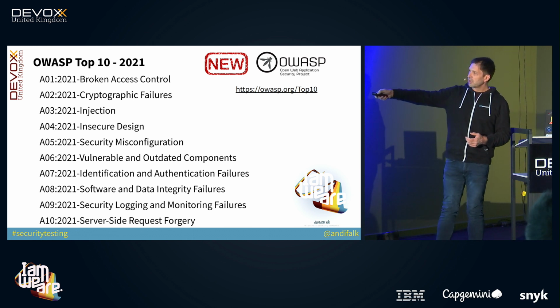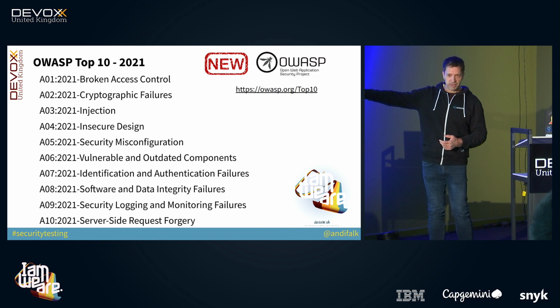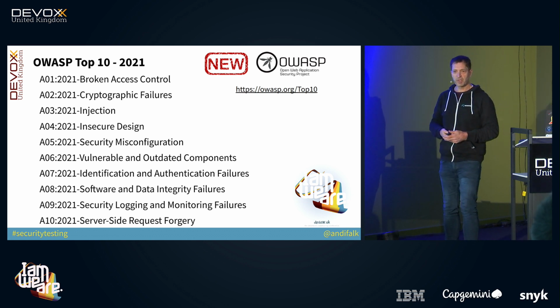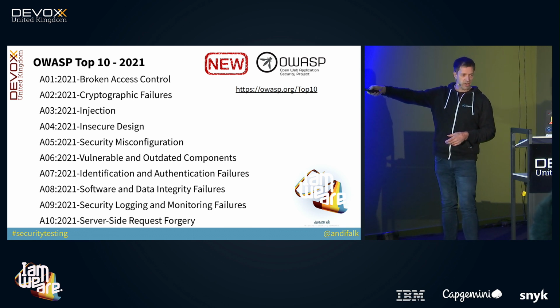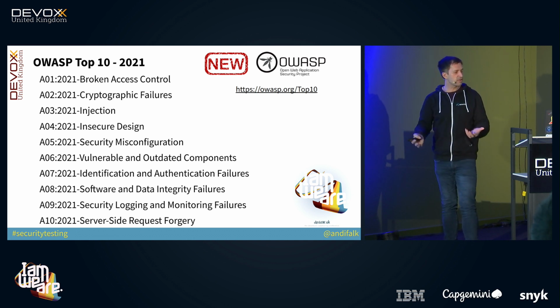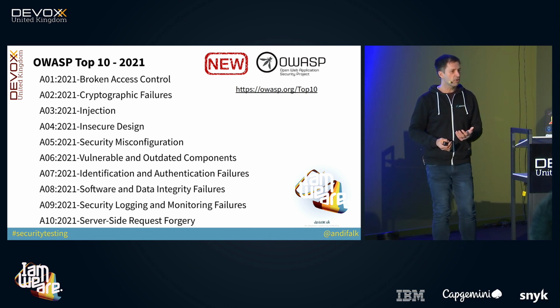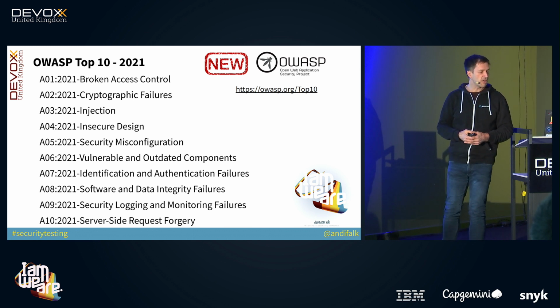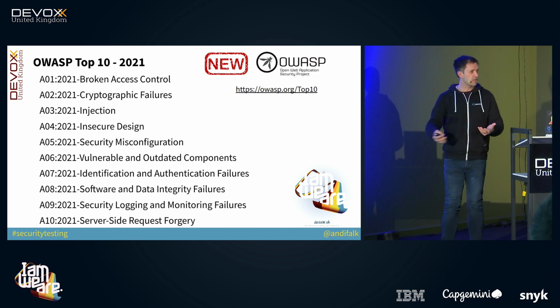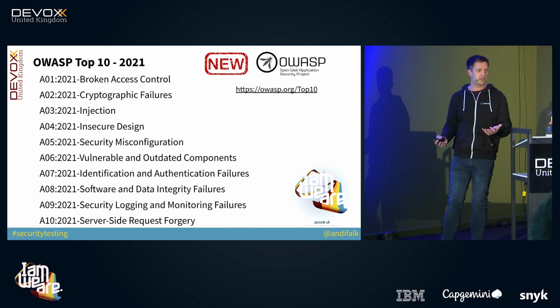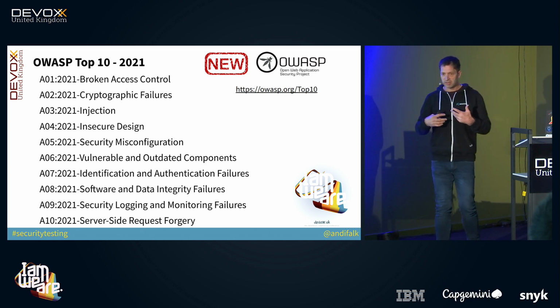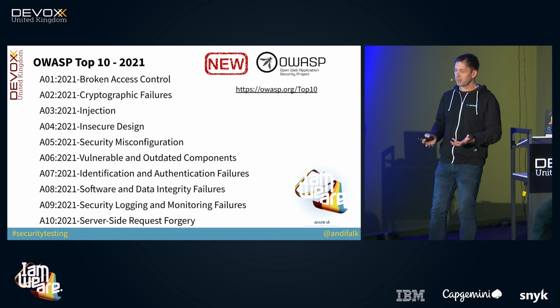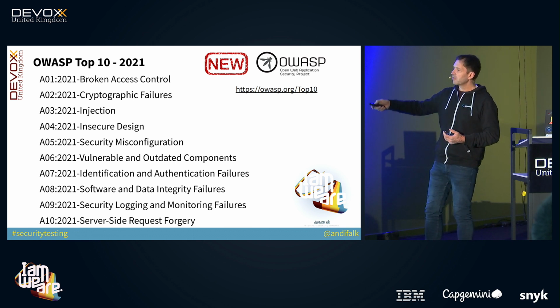You will notice some changes here. The number one thing, injection, moved to number 3 now. So injection is not the most serious security problem anymore. The most serious problem nowadays is broken access control, so typically missing authorization checks on your REST APIs. These are the most prominent problems nowadays in web applications.